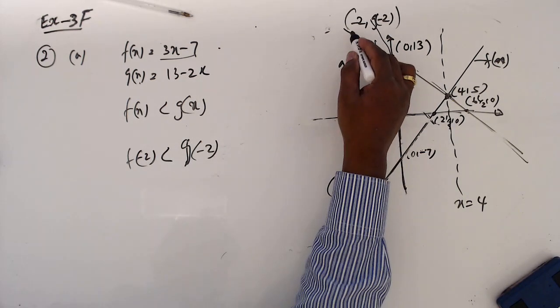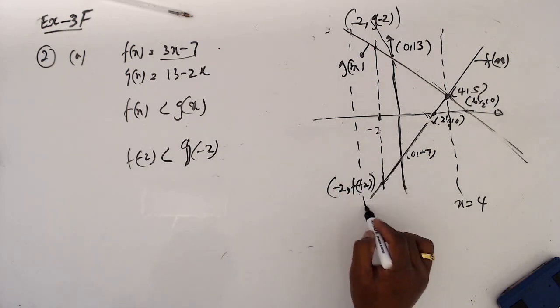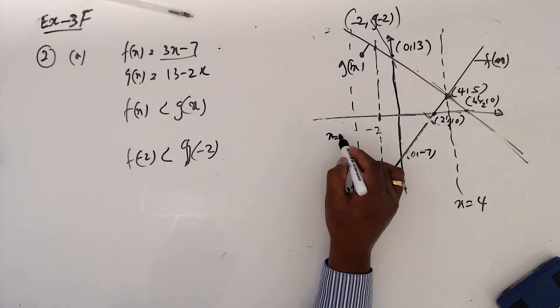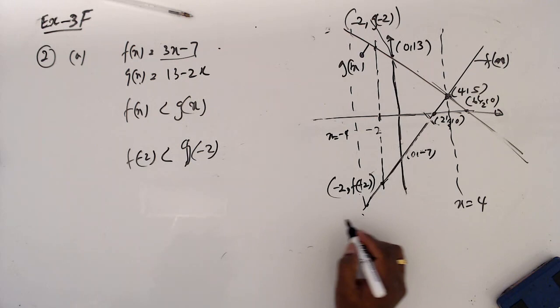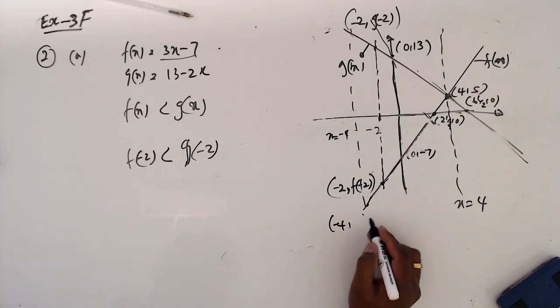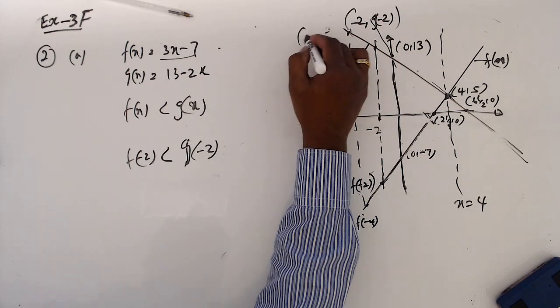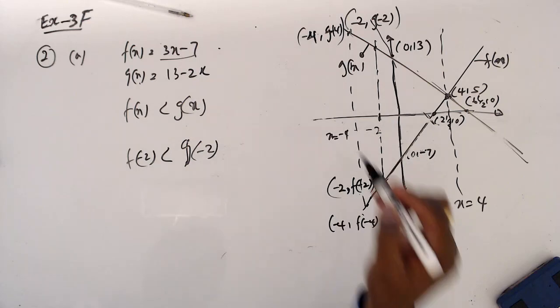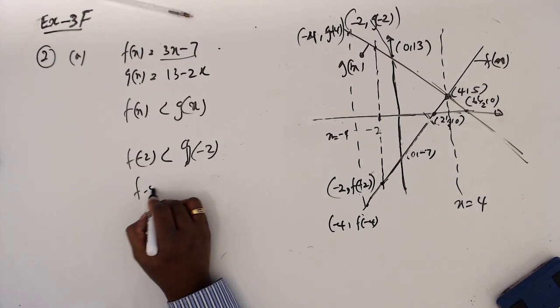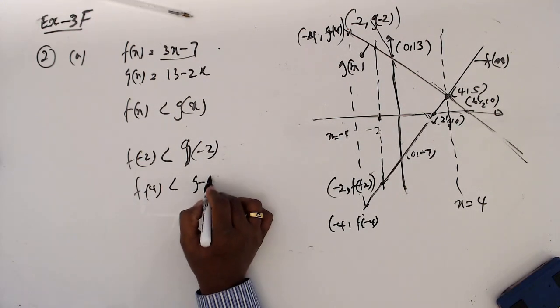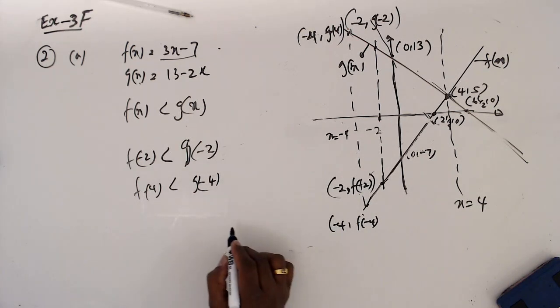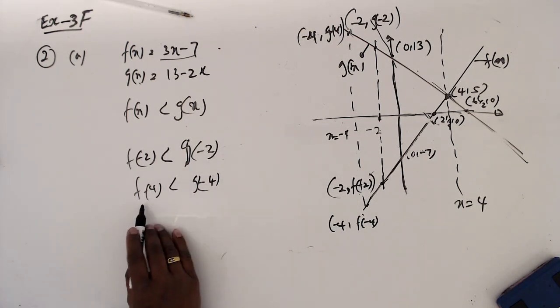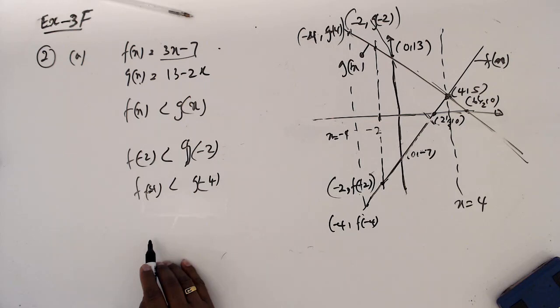How about if you take any other value, x equal to minus 4, f(minus 4) and g(minus 4)? Still f(minus 4) is less than g(minus 4).